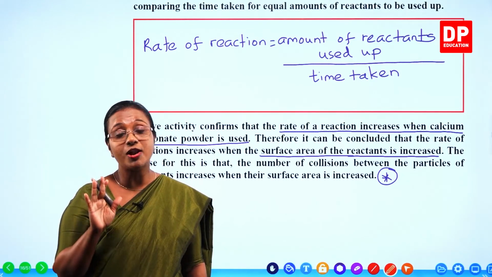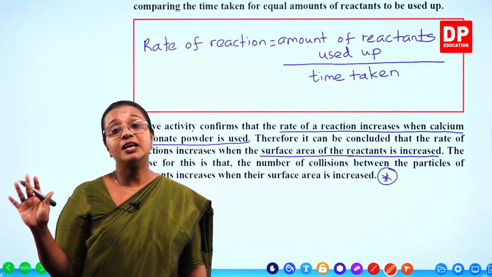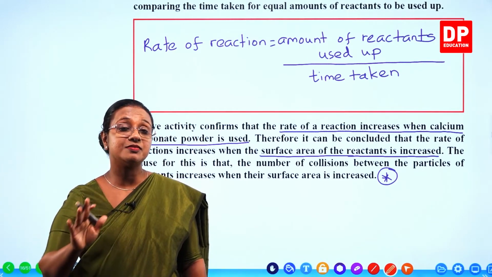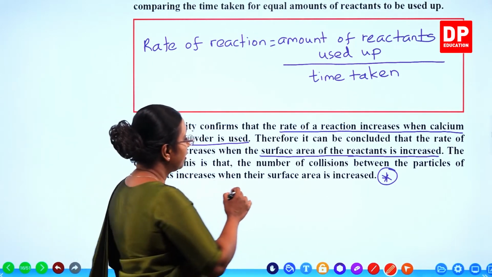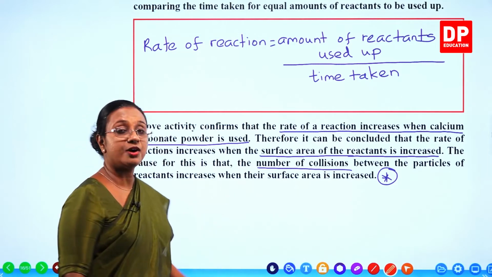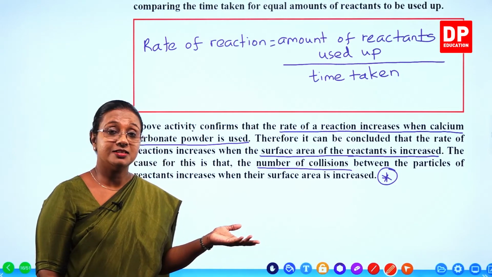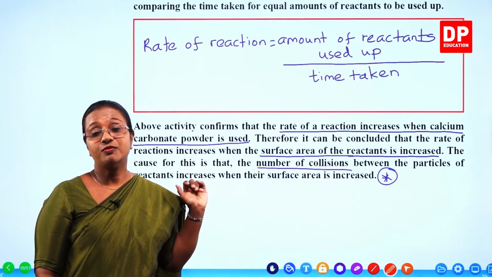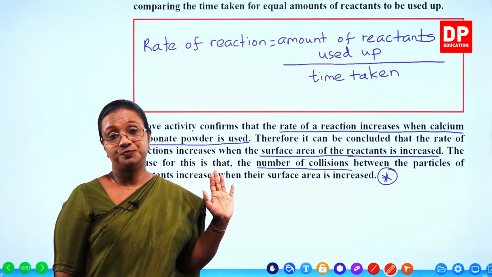I told you all you have to remember this. When they ask you to explain why the rate of reaction increases when the surface area increases, you have to give this explanation. You have to mention the number of collisions between the particles of reactants. They increase when the surface area increases. Because of that, the rate of reaction increases. Is that clear to you all?